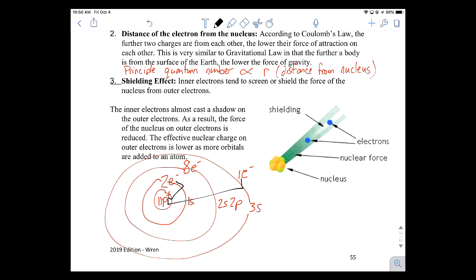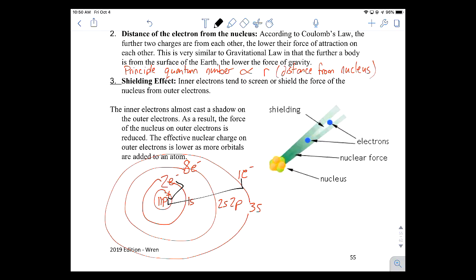So that's why when we get to something like sodium or rubidium, right? Rubidium has this one electron way on the outside, and then there are 36 core electrons. Even though it has this huge nucleus, the fact that that electron's way on the outside is its first hit against it.